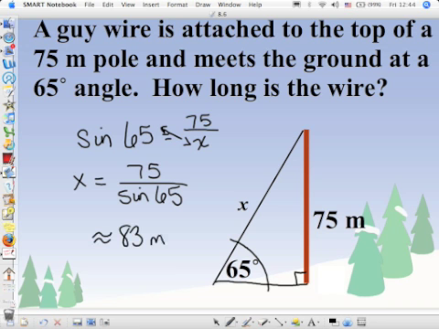Okay, now let's talk about why this might be important. Let's say we had a big hurricane, like let's call it Gustav, and a bunch of light poles have gone down, and nobody has electricity. That means all the linemen and all the workers with the electric companies are going to be working 24 hours a day until the lights are back on. They all get their little meeting at the corporate office.